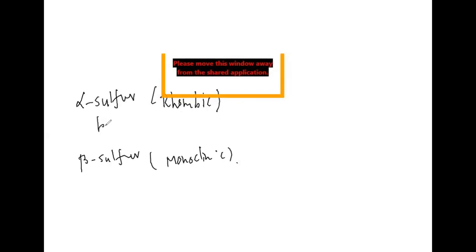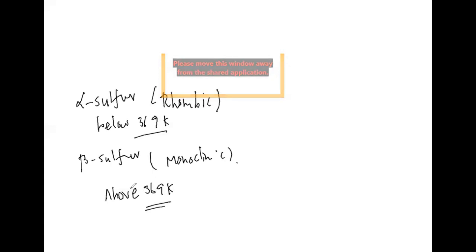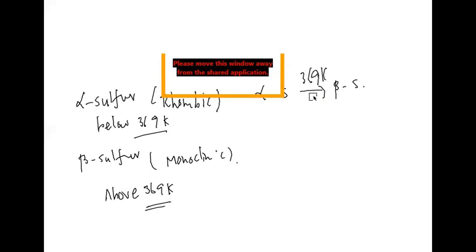Below 369 Kelvin, alpha sulfur is more stable. Above 369 Kelvin, beta sulfur is more stable. But at a particular temperature, 369 Kelvin, both alpha sulfur and beta sulfur are stable.